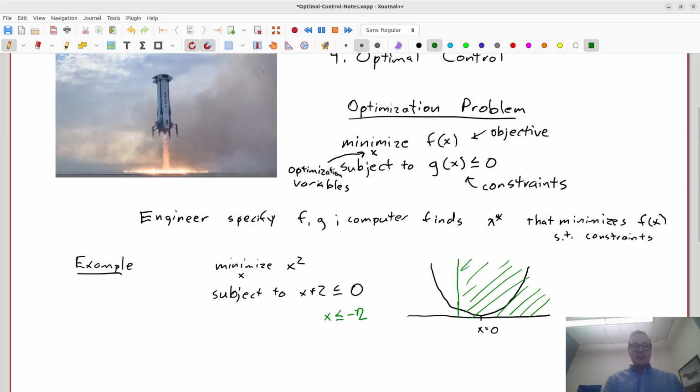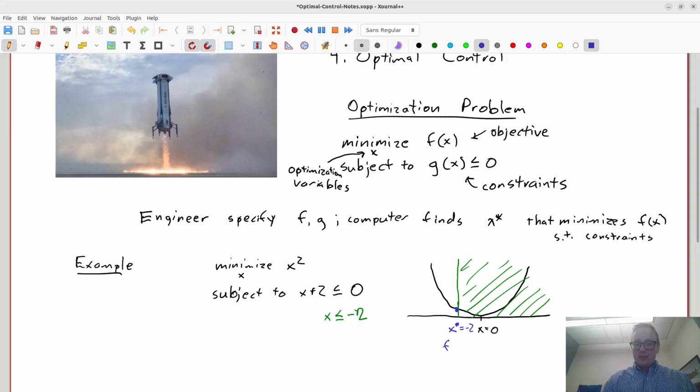And we can see that the objective, this black line here, minimizing x squared, if we're in the feasible region to the left of this green line, the point that minimizes it is right here. And that is denoted x star. X star is equal to negative 2.